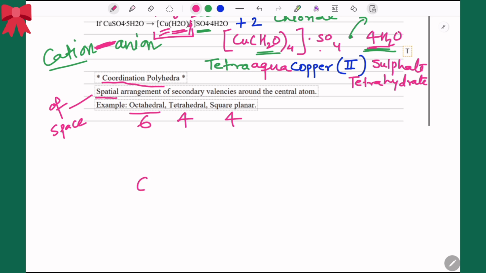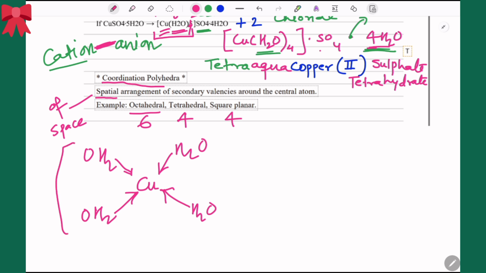I'll just give you some idea about 4. For example, I can draw like this, like for example, copper is surrounded by water molecules, so I can draw it like this. What kind of geometry am I showing you? It's of course a square planar. How do I say it is a square planar? I say it is a square planar because it is having 90-degree orientation. You can see it's 90 degree.